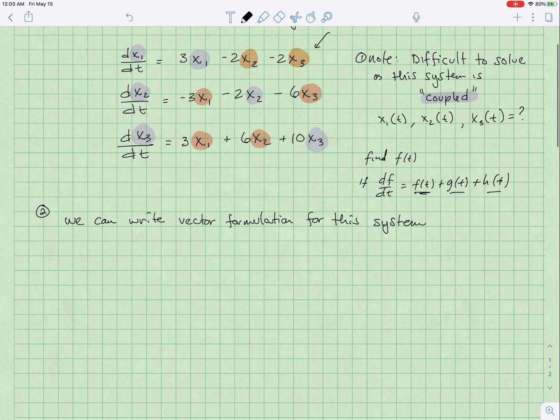So what I can do is take this system here, and express it as x1 prime, x2 prime, x3 prime instead of dx over dt. We'll just write it as a prime.